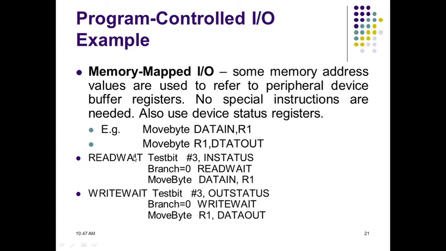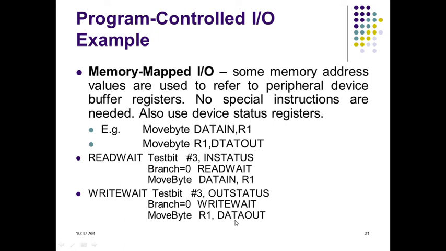So the read operation is implemented by the sequence of machine instructions: read wait, test bit #3 in status, branch equal to 0 read wait, move byte data in comma R1. Similarly, the write operation is implemented by this sequence: write wait, test bit #3 out status, branch equal to 0 write wait, move byte R1 comma data out.